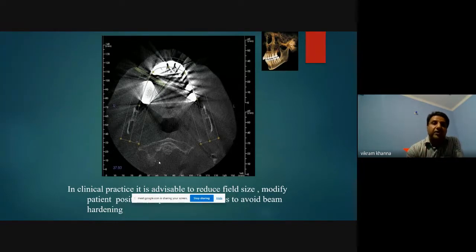Like in surgical cases where a plate has been placed, it will give you cupping or streaking band effect. If you want to avoid it, either do it in a different patient position or reduce the field of view, or you can still use iterative type of algorithms.